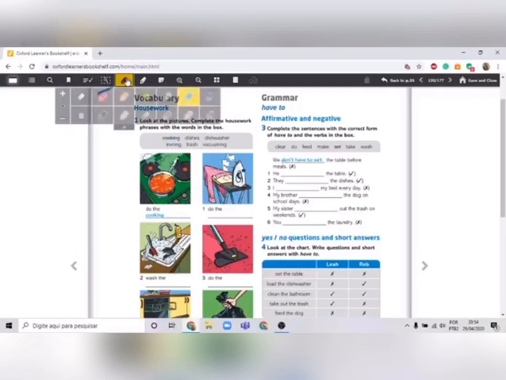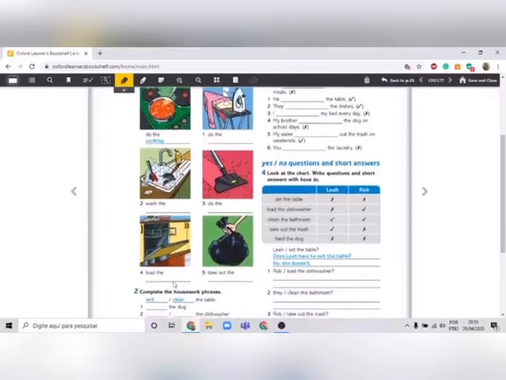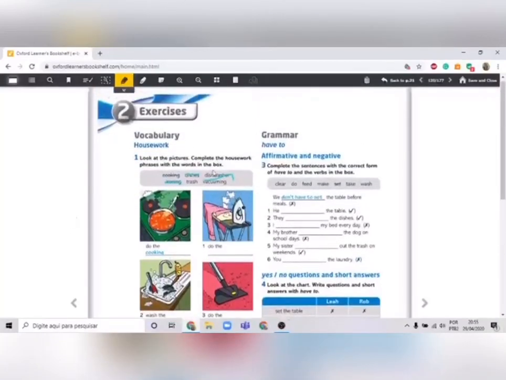So, do the ironing. Okay. 2. Wash the dishes. 3. Do the vacuuming. 4. Load the dishwasher.